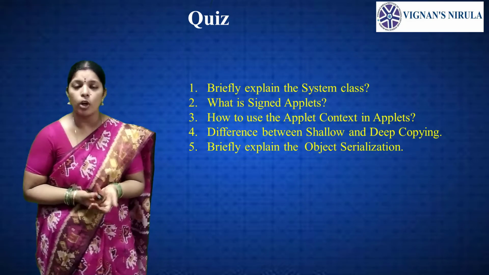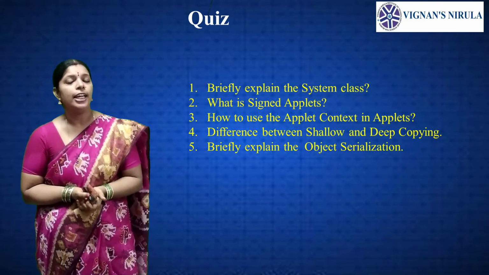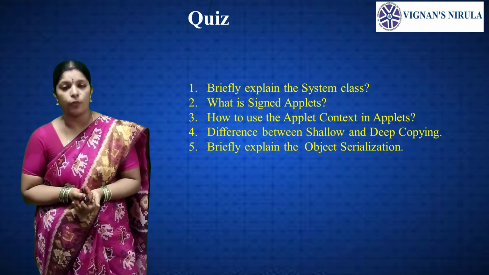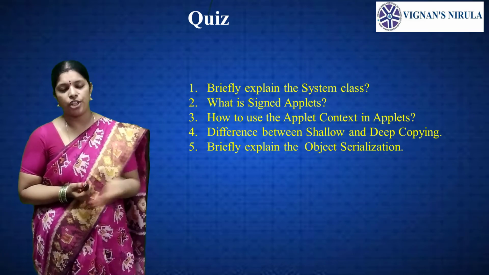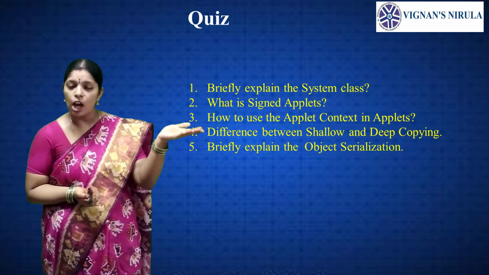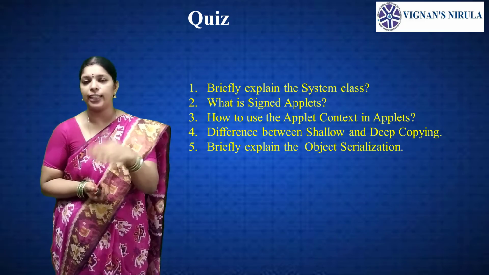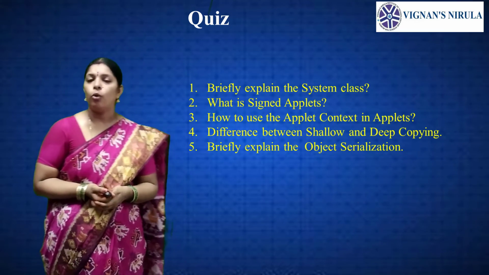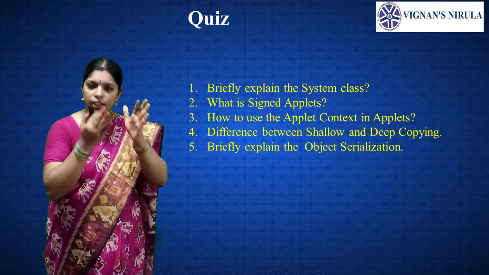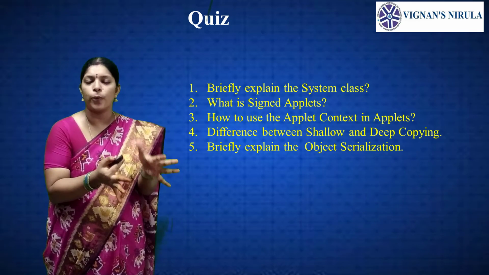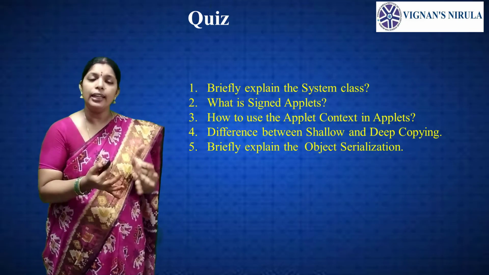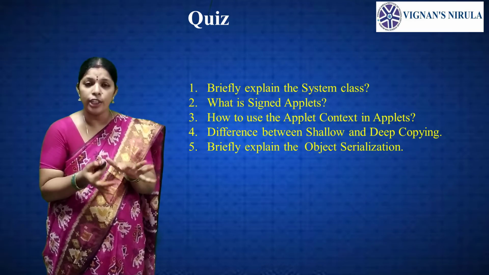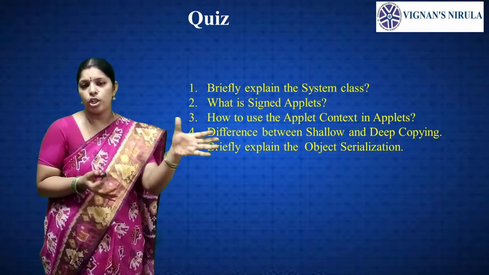Next we have seen what is meant by object serialization. Serialization means we convert the object to byte strings and reconvert the byte strings to the object, which is deserialization. Next, shallow and deep copying. What is meant by shallow copying? We create an exact copy of the original object. And in deep copying, we copy the fields of the original object.